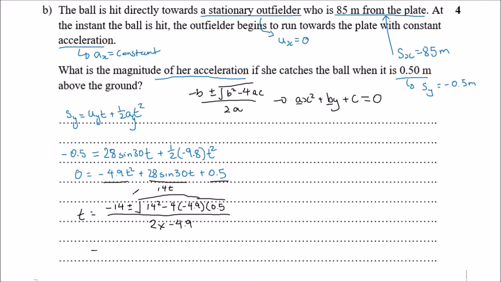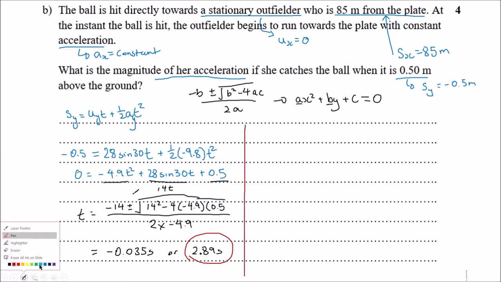The end result we get is minus 0.035 seconds, or 2.89 seconds. Now obviously time is a scalar value, so it can only be positive. So the time it takes for that ball to reach 0.5 meters above the ground is 2.89 seconds. Okay, so there we go with that.